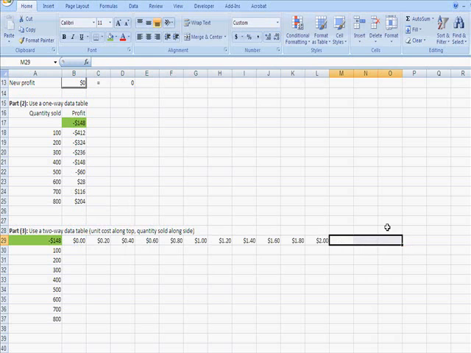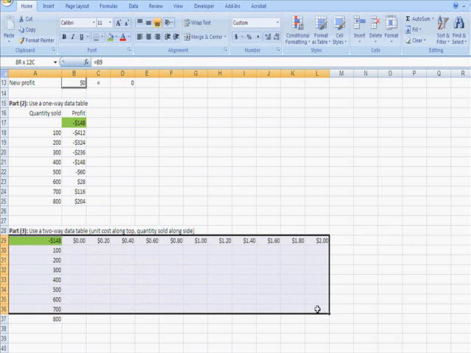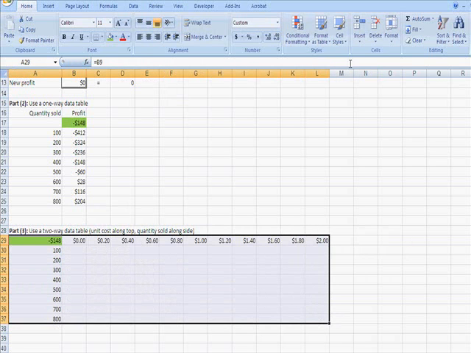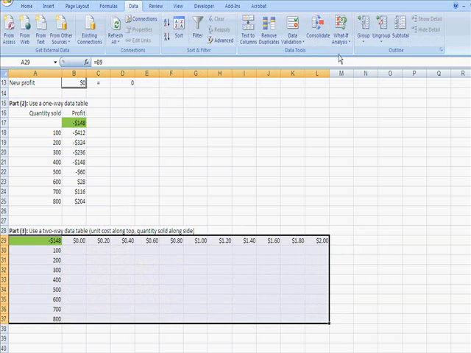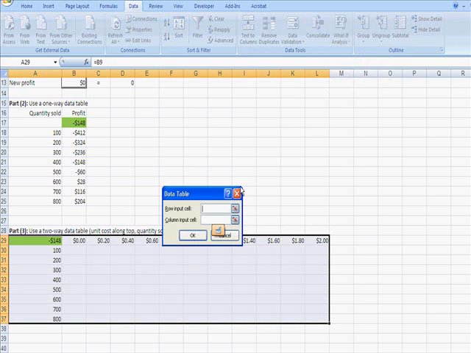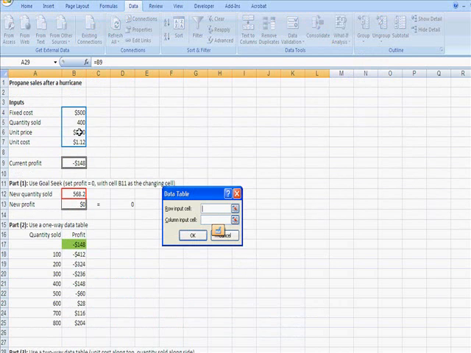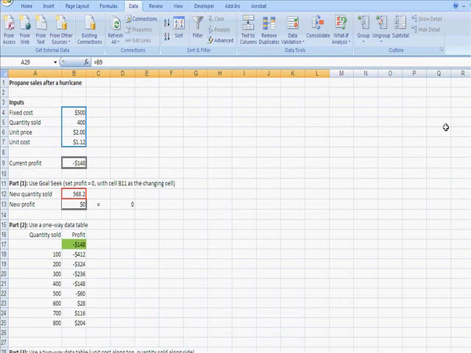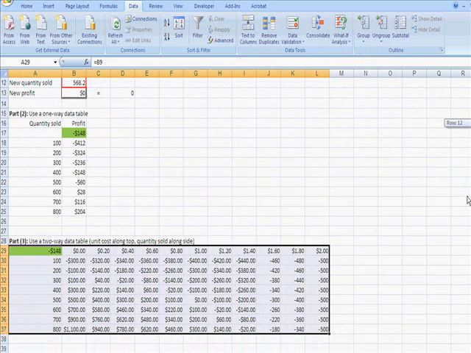We can quickly do a two-way table by going into What If Analysis, Data Table, and now we have a row input cell, which is the unit cost, and the column input cell, which is the quantity sold, and we have different profit values.